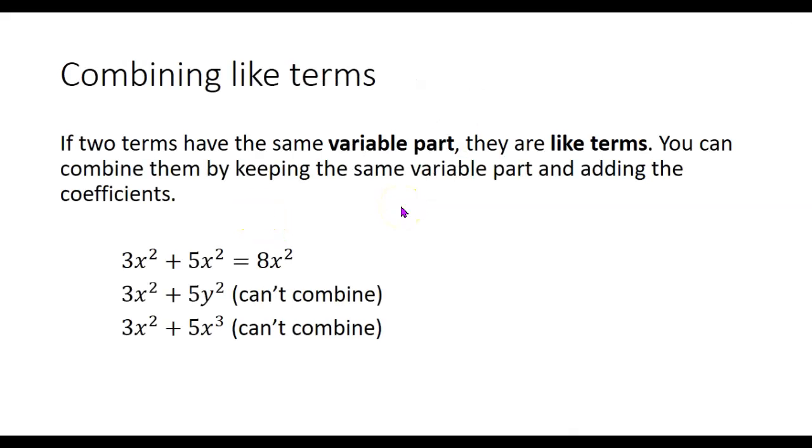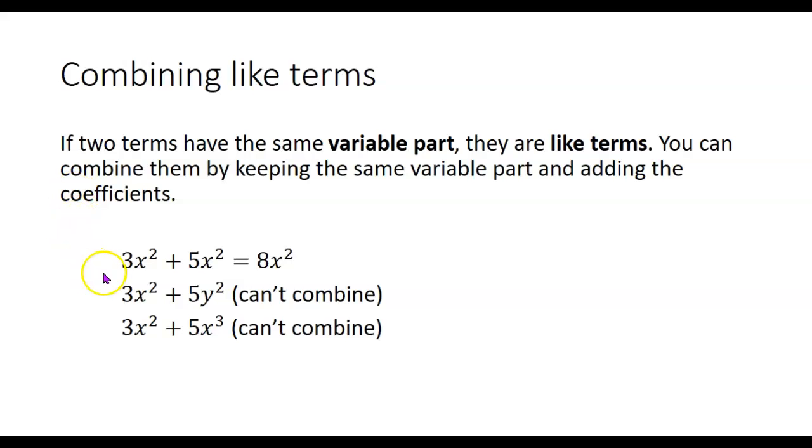Okay, now in general, what's going on here is a lot like what's going on when you combine like terms. You should have learned long ago that if two terms that are being added or subtracted have the same variable part, that means the same variables to the same powers, we call those like terms or similar terms. And if they really are like terms, you can combine them by keeping the same variable part and then adding or subtracting the coefficients.